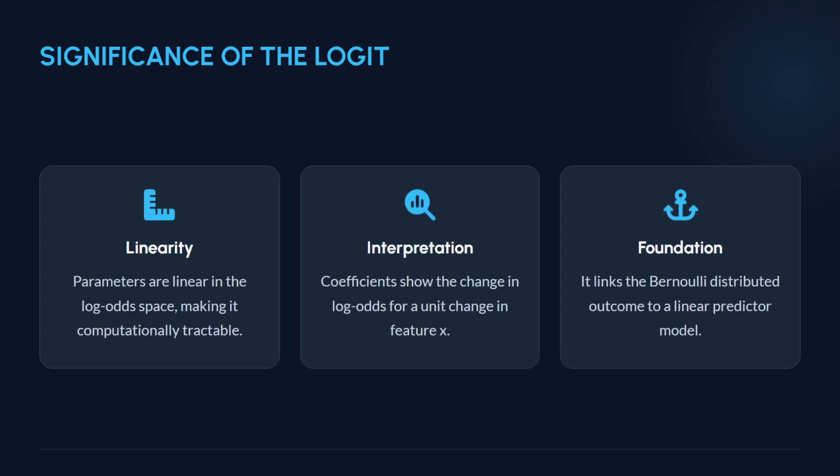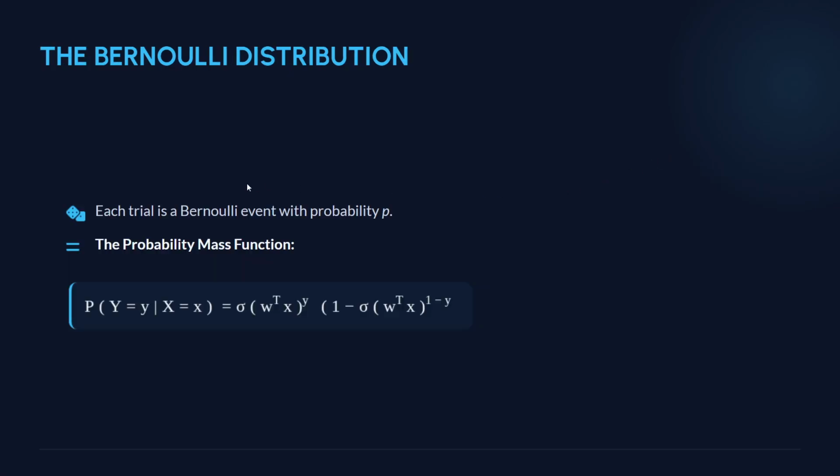Another is its link with the Bernoulli distribution, relating outcome to a linear predictor model. Let's see what it means here: assume each trial is a Bernoulli event with probability p. So the probability mass function can be written as sigmoid of W transpose x to the power y. This is sigmoid of z, which, as we know, is the probability.